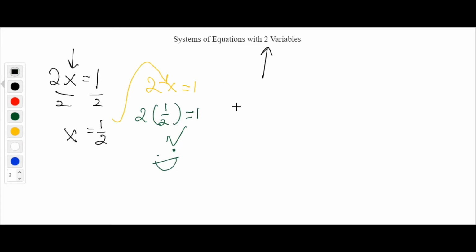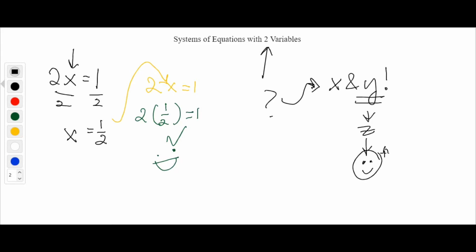However, how would you feel if, this time around, we're given not only an x, we're also given a y? A y, or it can be a z, or, how we've seen previously in our lessons, a bob.